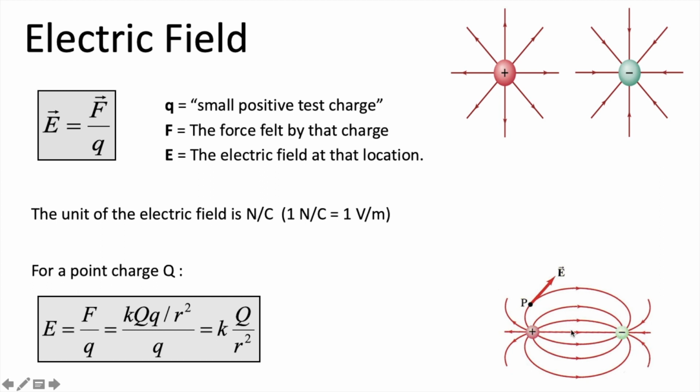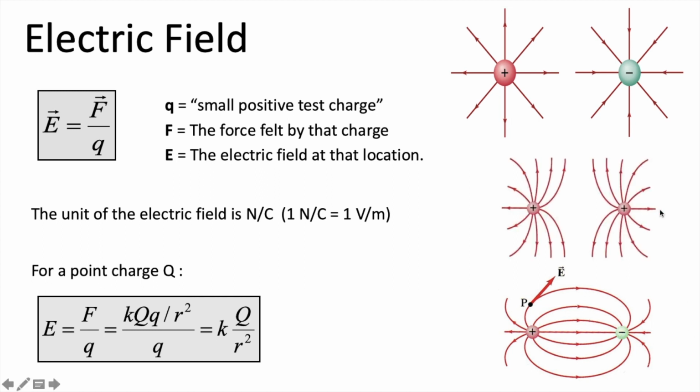To complete it, if I get two charges of the same magnitude but different sign, same magnitude meaning, if it's an electron and proton, remember electron and proton have the same magnitude, 1.6 times 10 to the power minus 19 coulomb, just the sign is different, then they would have an electric field in this pattern here. If you bring two positive charges together, they repel each other, right?